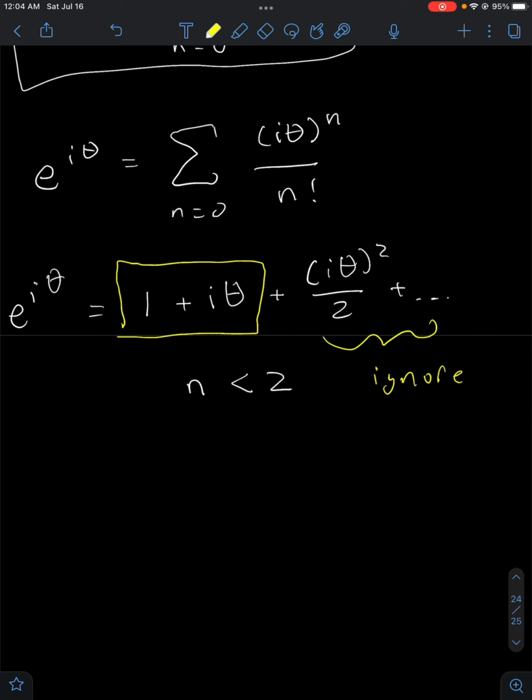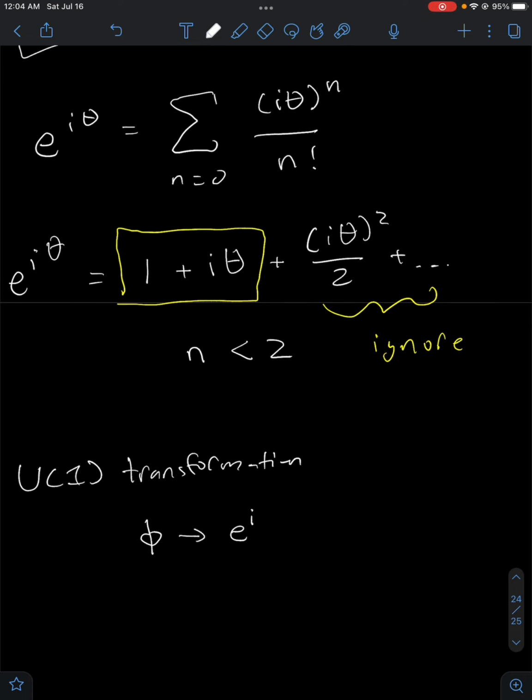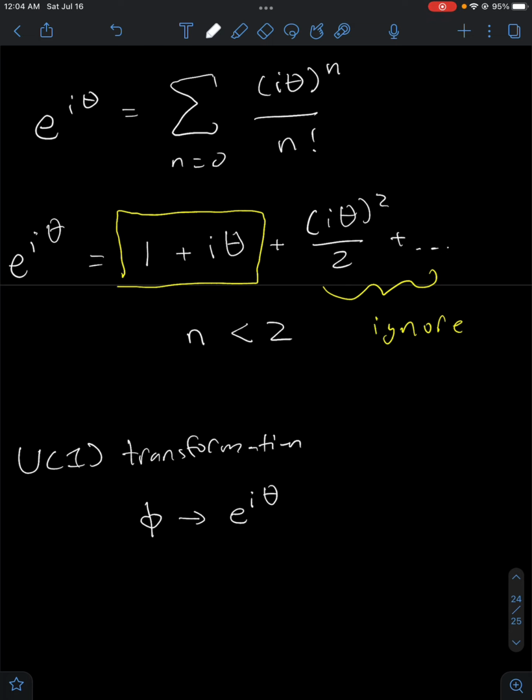So, recall that we had our U1 internal field transformation. It was phi transformed to e to the i theta times phi.